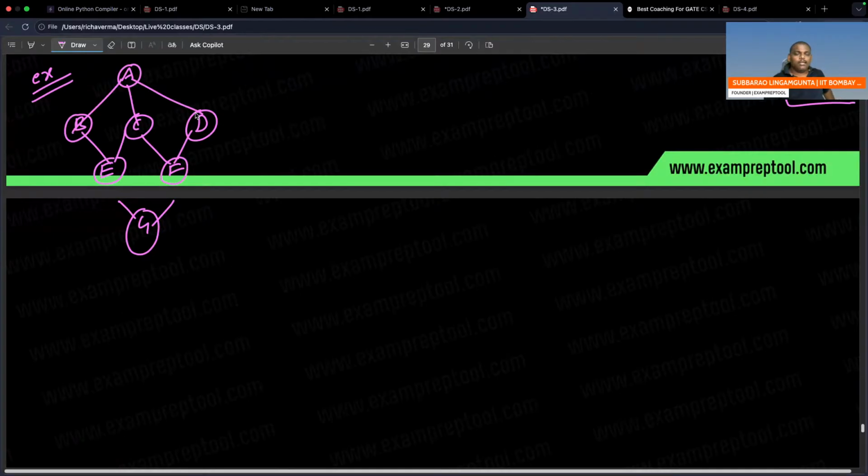A, B, C, D, E, F, G. One graph is there. Everyone try to catch this point also. And one more thing, anyone having any doubt, you can revise again. It's not a big deal. Some doubt there, revise again. You can ask in the group also. This is how people will grow.